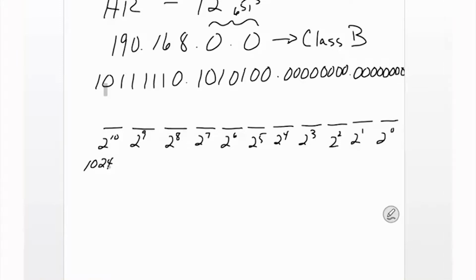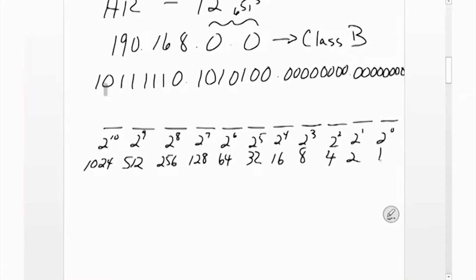2 to the 9th equals half of that, which is 512. 2 to the 8th is 256, then 128, 64, 32, 16, 8, 4, 2, and 1.